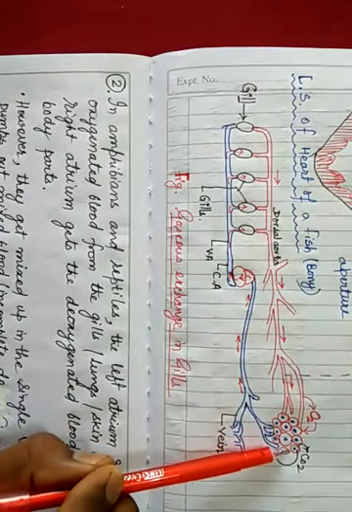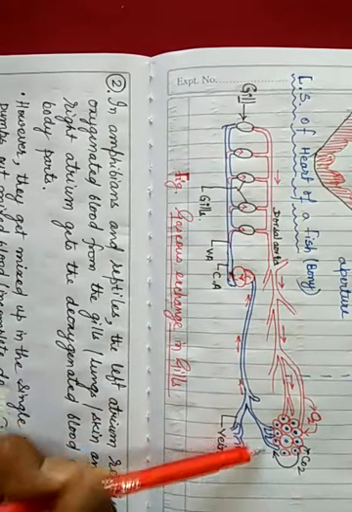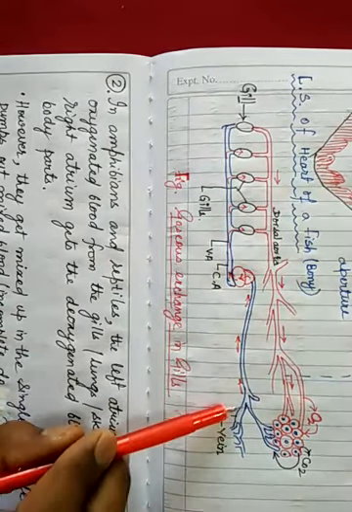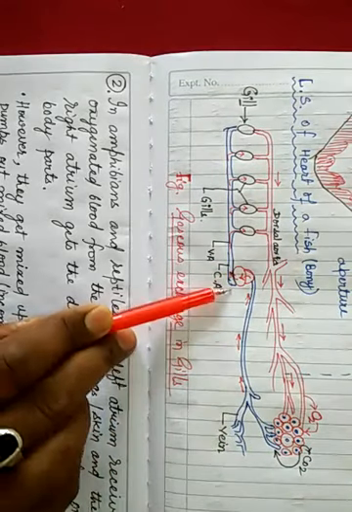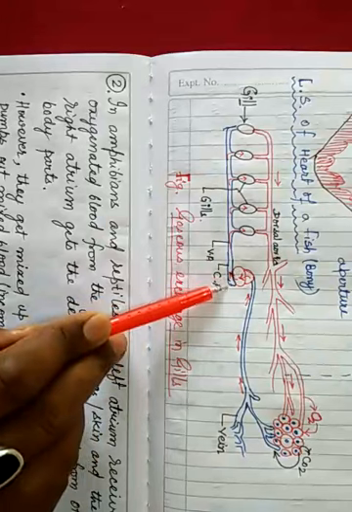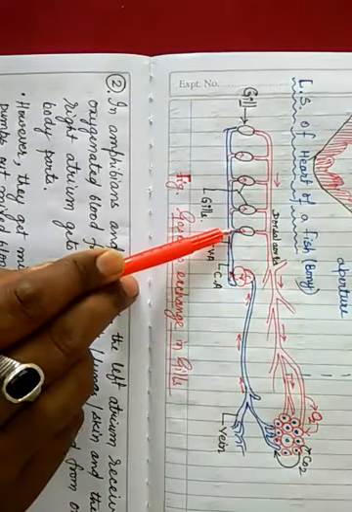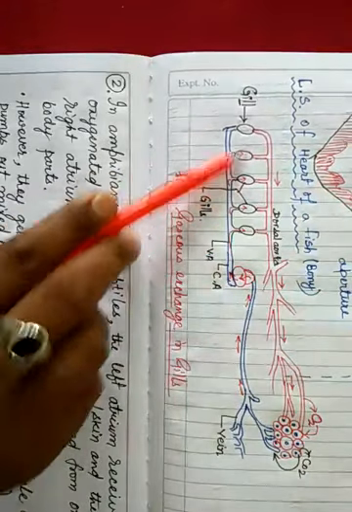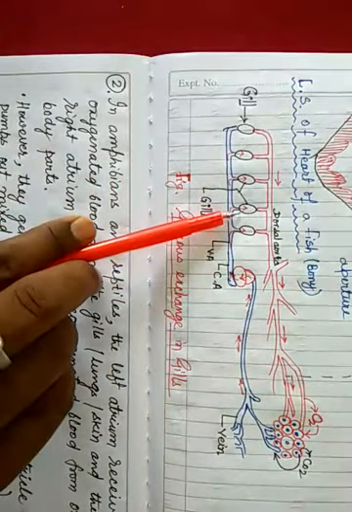After that, the cells release carbon dioxide, and this carbon dioxide will be absorbed by this vein, and this vein will come to the heart, and this deoxygenated blood will again be pumped out to the gills. These small circular pouch-like structures are gills. Clear? So that will be pumped to the gills.